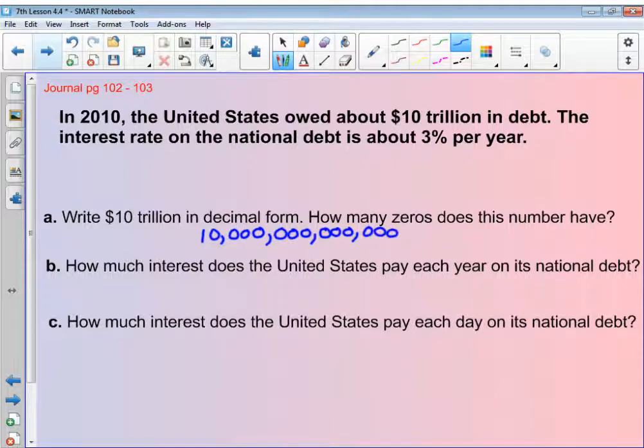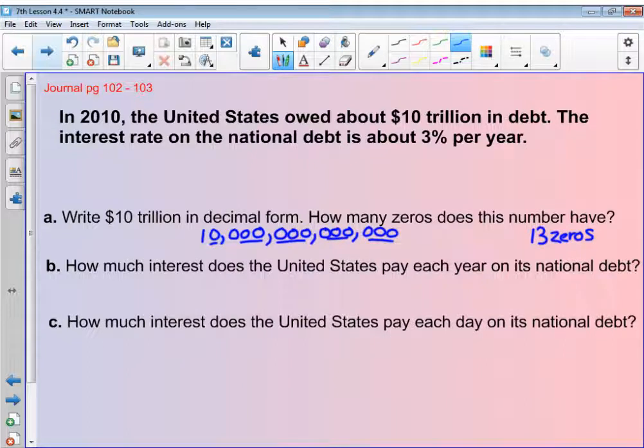There's our trillion. So there's 10 trillion. Then it says, how many zeros does this number have? Well, we've got 3, 6, 9, 12, 13 zeros. How much interest does the United States pay each year on its national debt?